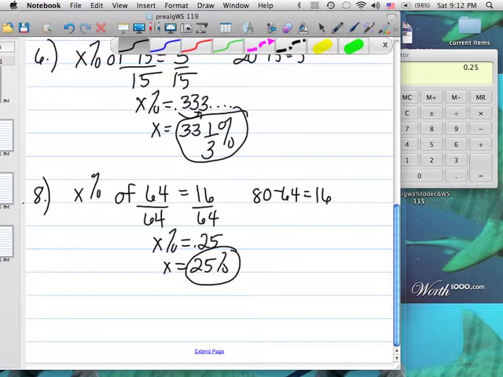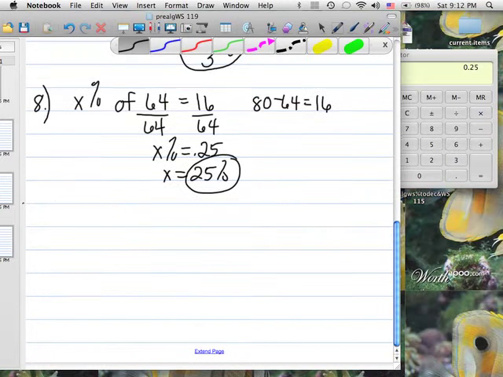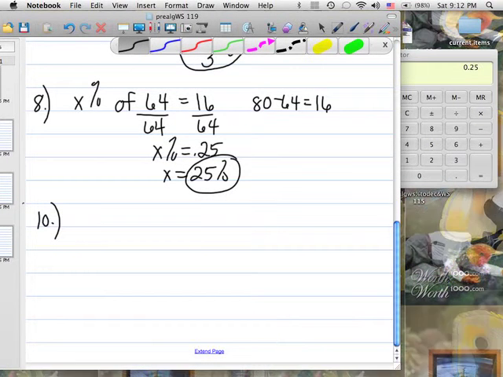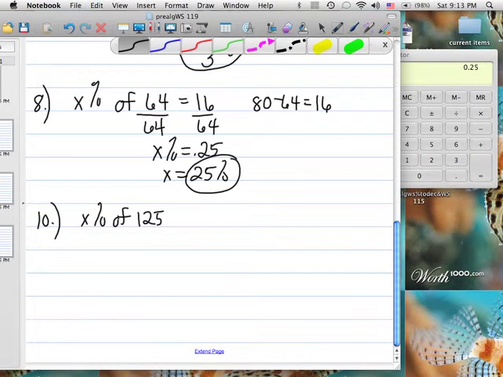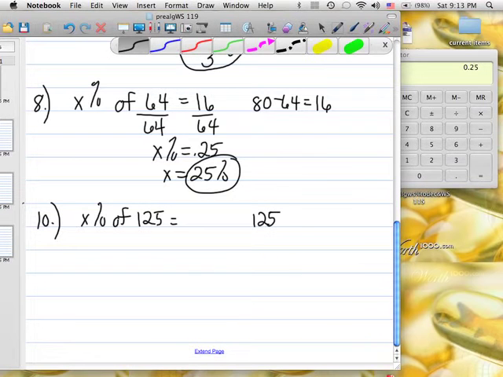Okay, the next set of problems are decrease. Problem number 10. X% of the original score, which was 125, and the new score is 75, so 125 take away 75, that's 50.